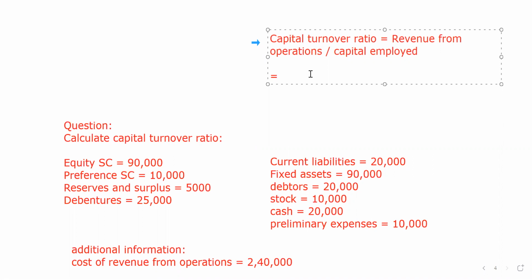Okay, so please keep that in mind. So keeping in mind this point, revenue from operations is not given in the question. So we know that cost of revenue from operations is given, 2,40,000. So we'll take 2,40,000 here.